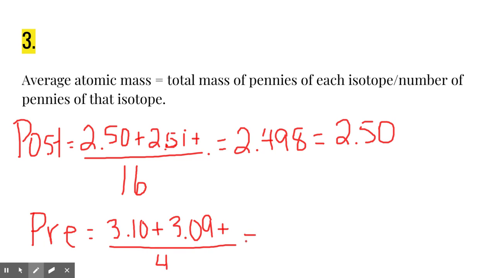So when I did that, I ended up having the mass of 3.09. So that's going to be my mass of my pre. So my post mass is going to be 2.50. My pre's mass is going to be 3.09. And I'm going to use these two numbers in my next calculation.